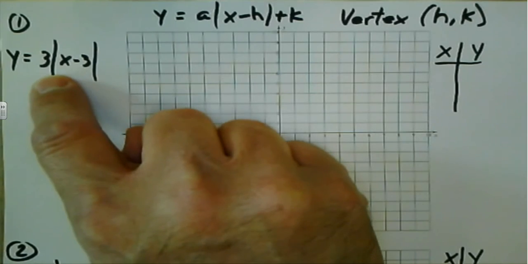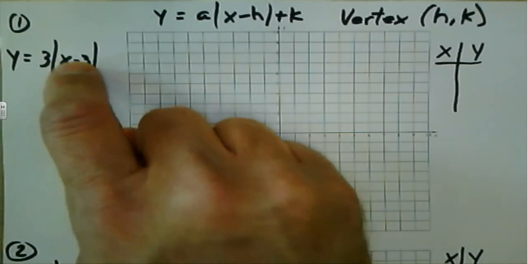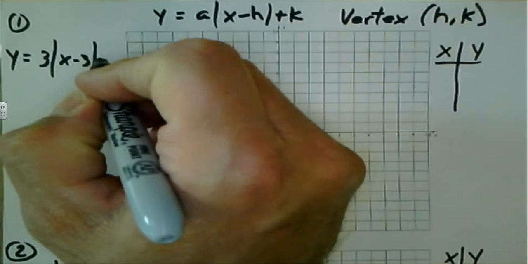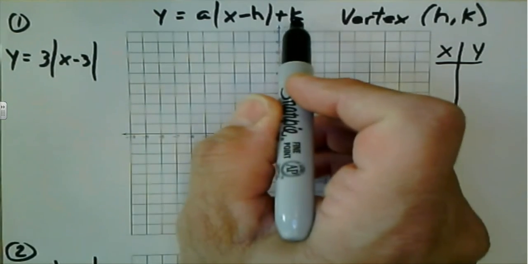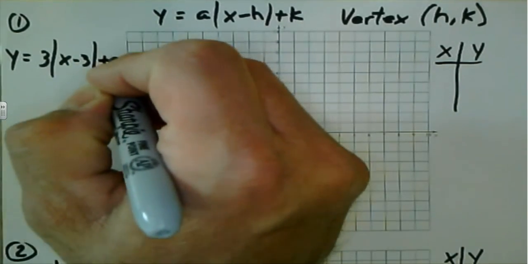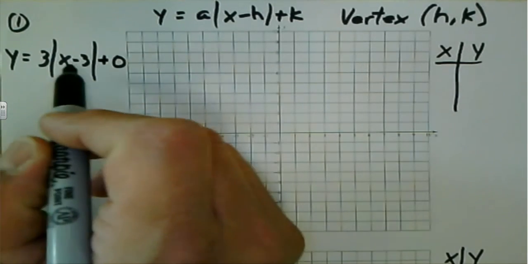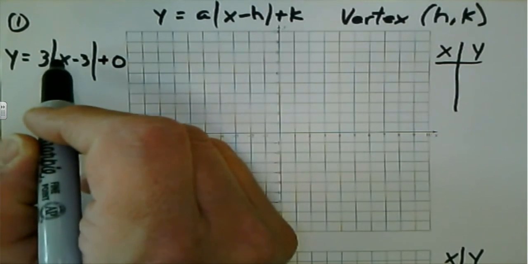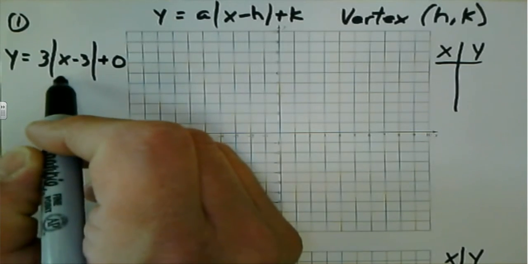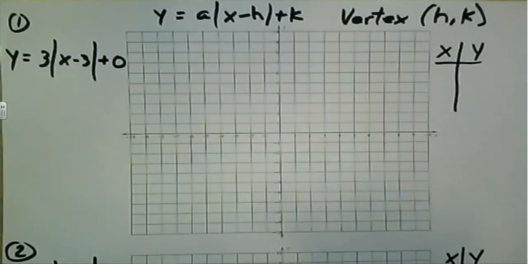We have y equals 3 times the absolute value of x minus 3. We do not distribute, but we do need something here for our k. So it's a plus, so we don't put 1, we put 0 because it's plus or minus. If it's plus or minus, we put 0. If it's times, like in front of the x, it's a 1, or divided by 1, we put 1, but not when we're adding or subtracting.